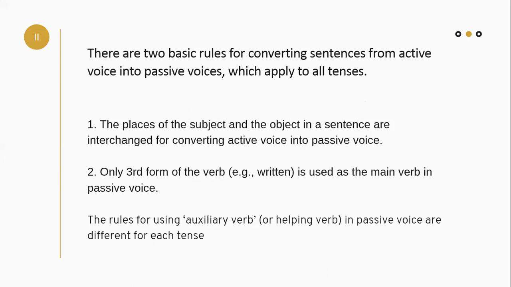So football becomes the subject, and then we have to change the verb tense. That means, since the category is present tense, we say football is being played. Very good. Football is being played by him.